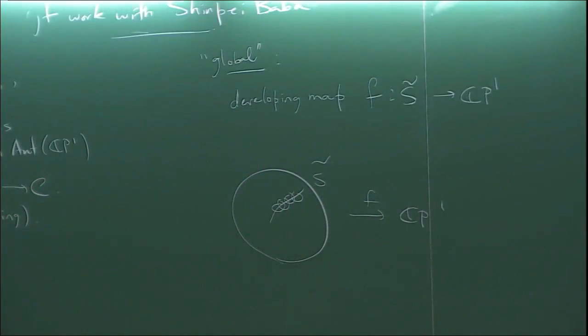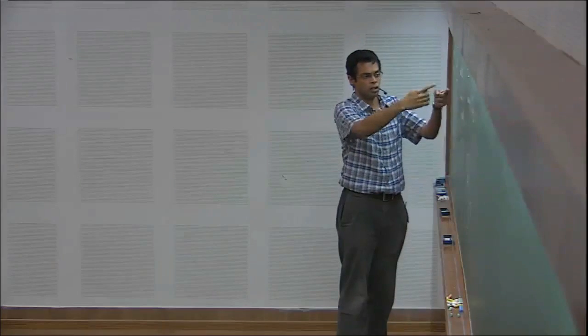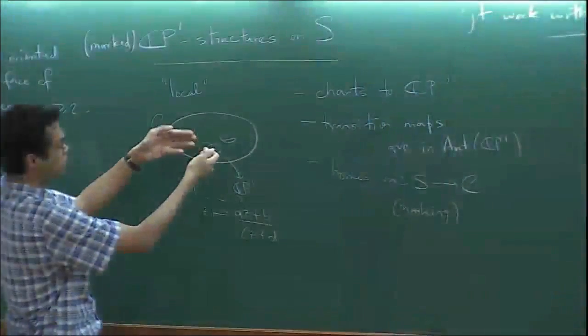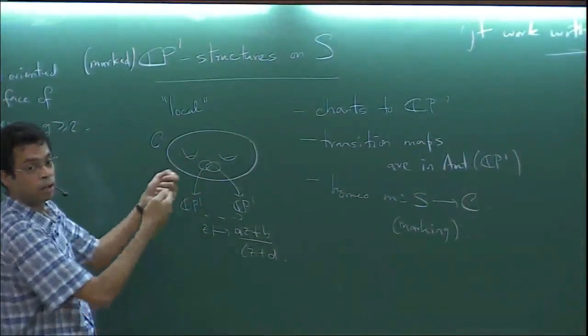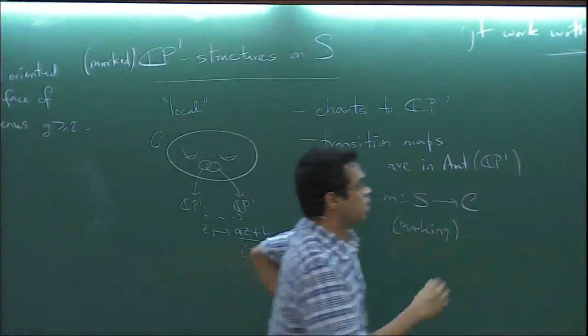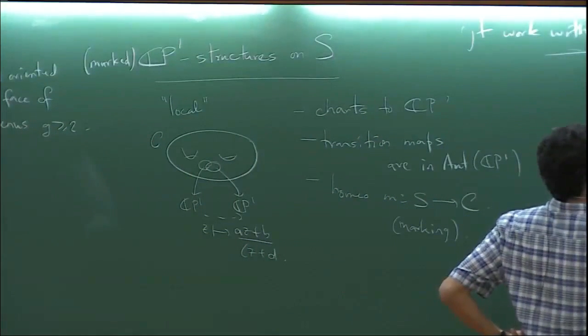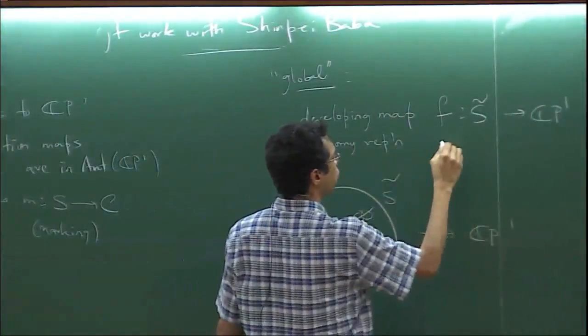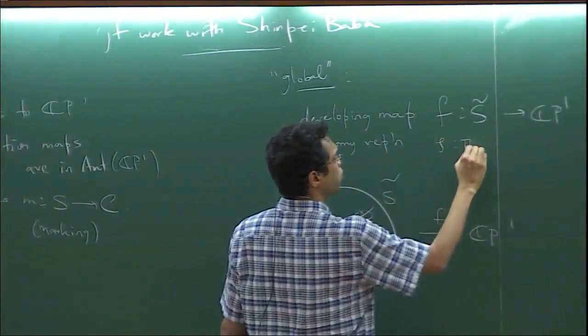One can do it on the universal cover. One can't quite do it on the surface because for a loop coming back, there might be a mismatch. The charts might differ by an automorphism. And so that mismatch gives this holonomy representation, the monodromy of this geometric structure.